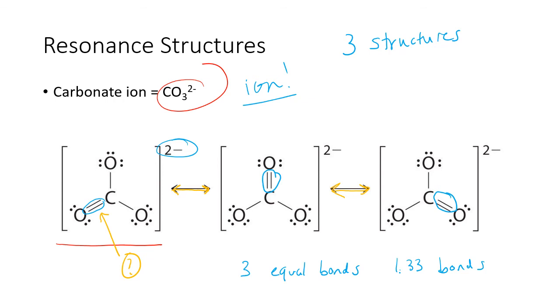So resonance structures are not changing between these. The electron pair really isn't just jumping around to those locations, but this is the best way that we can represent that the molecular structure is a combination of a single and a double bond for all 3 carbon-oxygen bonds, and they're all actually equal.